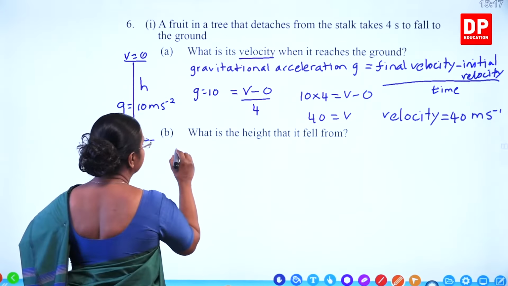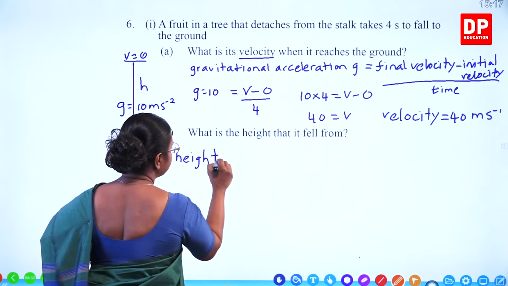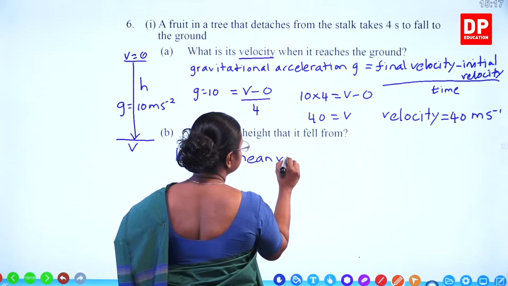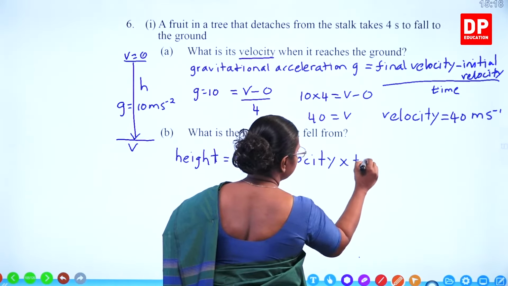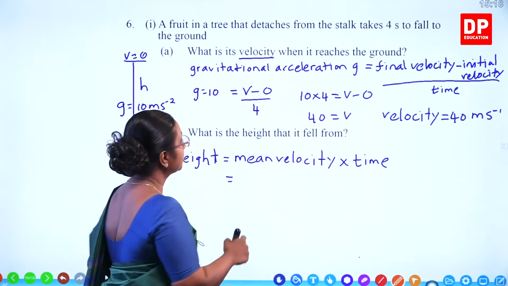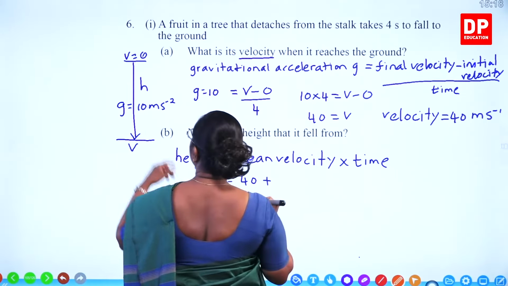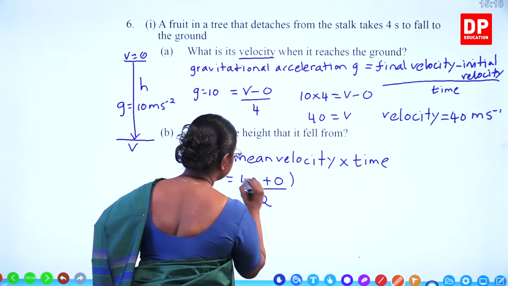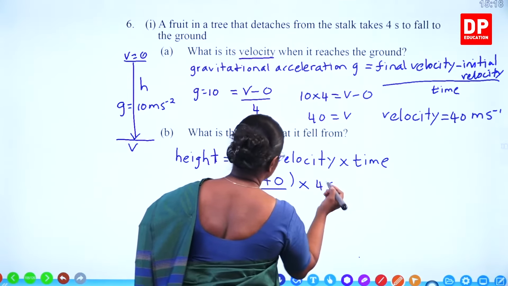So, to calculate the height, we will have to write it as mean velocity into time taken. To calculate the mean velocity, final velocity 40 meters per second plus initial velocity 0, divided by 2, is the mean velocity, into time 4 seconds.